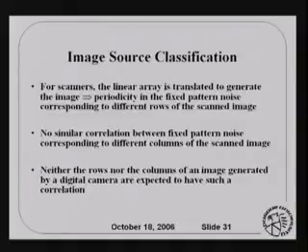On the other hand, with digital cameras, there is no reason to expect this periodicity in the noise patterns in either the direction of columns or rows. So the basis of our classification technique is the difference in the geometry, which leads to differences in the characteristics of the noise pattern.